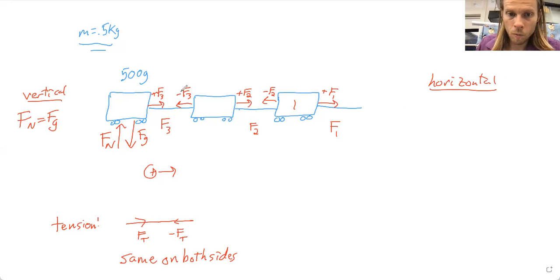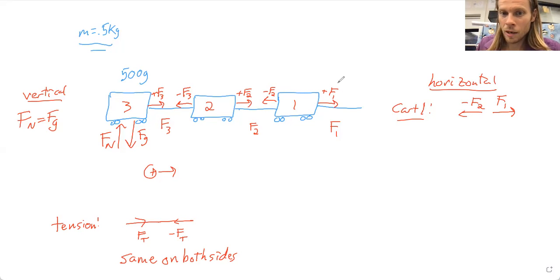So we'll call this cart 1, cart 2, and cart 3. For cart 1, cart 1 is experiencing a force to the right, F1, and experiencing a force to the left, F2. Now, which one's bigger depends on what's going on.